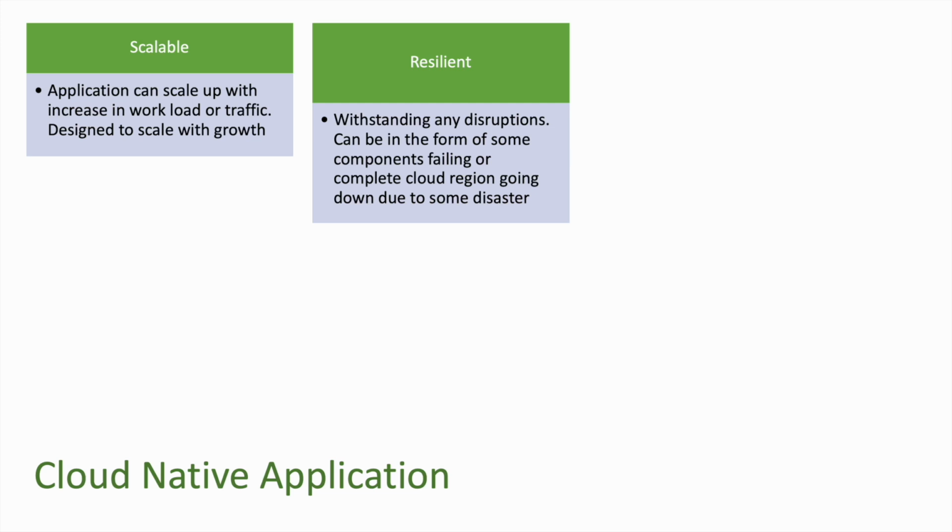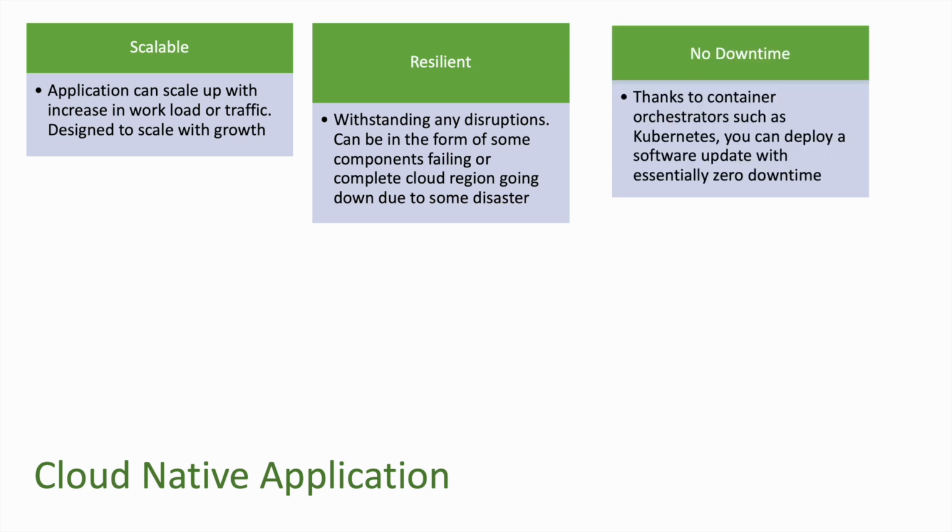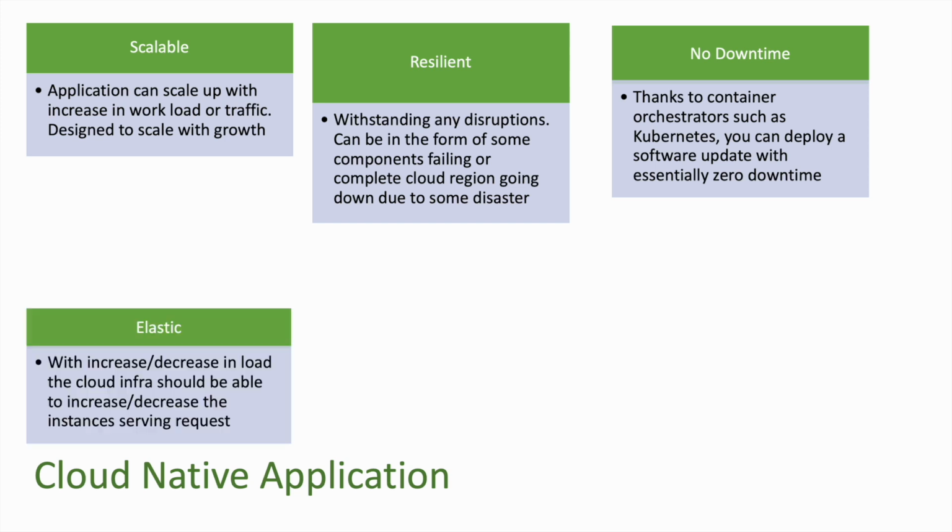But your application has to keep running, and it has to be resilient to any such failures or disruptions. No downtime. Ideally, cloud native applications do not have any downtime, but there can be certain instances where there is downtime. But most of the time it has to be up and running. That is one of the attributes of the cloud native application.